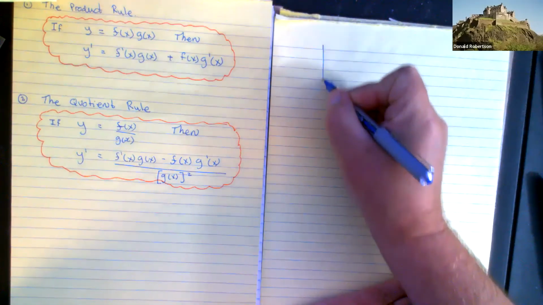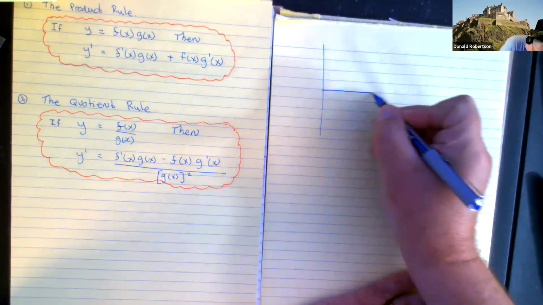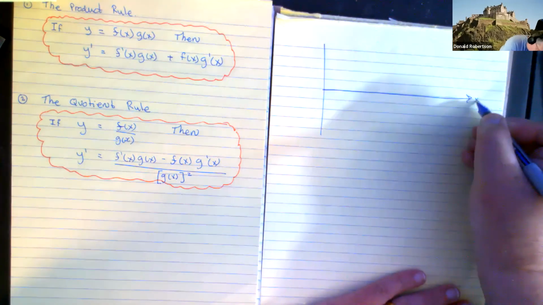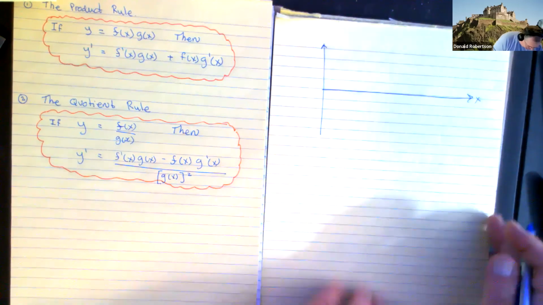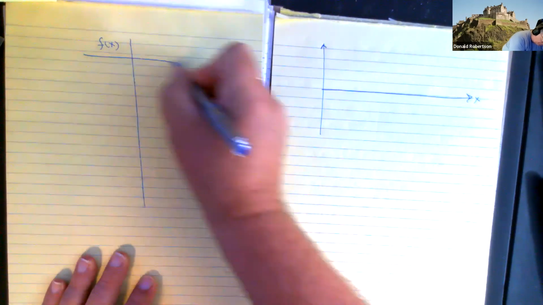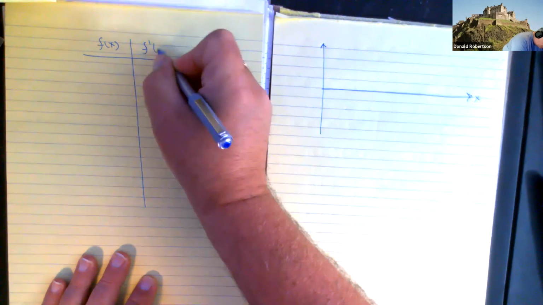Well, let's start by doing a pseudo proof. So I'm going to eventually give you all the trig functions derivatives. There's 6 of them. And so here is going to be the function once we figure it out. And here is going to be the derivative.